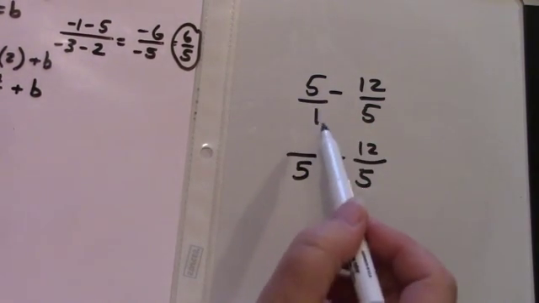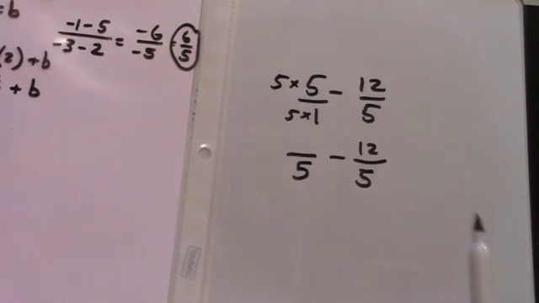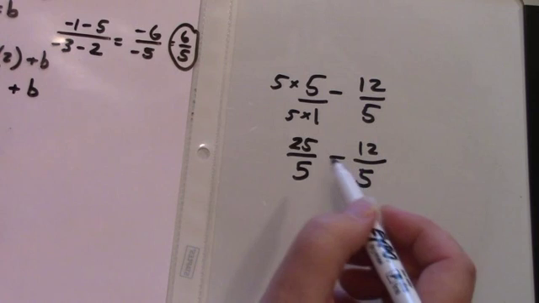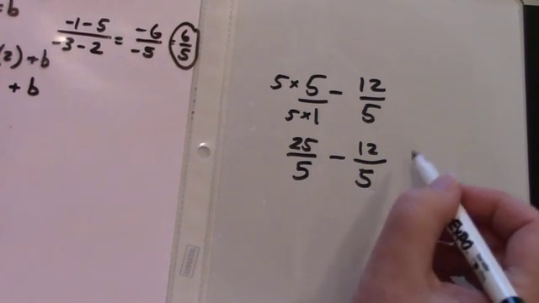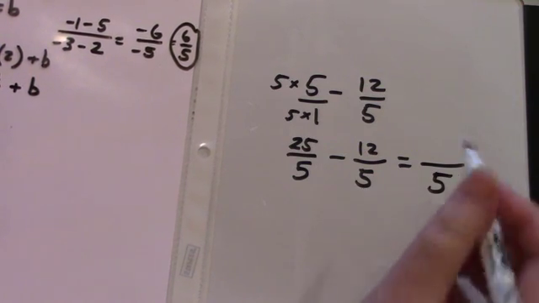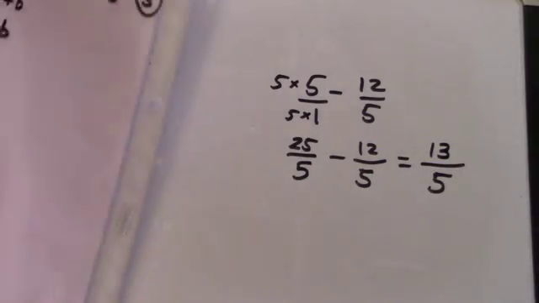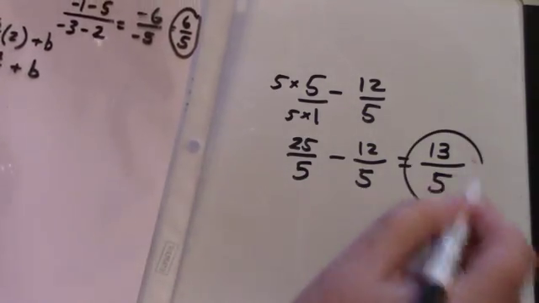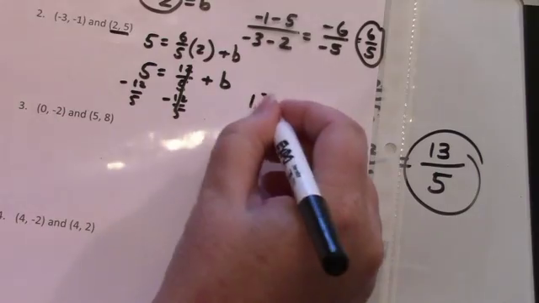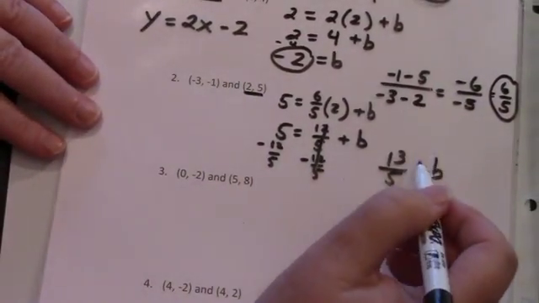If I change this to 5, I have multiplied it by 5 to get this, which means I have to multiply that by 5. So we end up with 25/5 minus 12/5. And what does that get us? 25 minus 12 is 13. Yikes. Okay, I picked this randomly. It's like, whatever, it still works. Don't be afraid of the fractions. Okay, so what do we end up with? B equals 13/5. Now we have all of our elements.